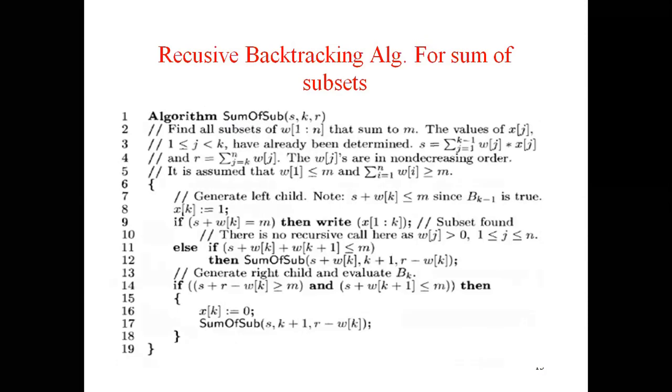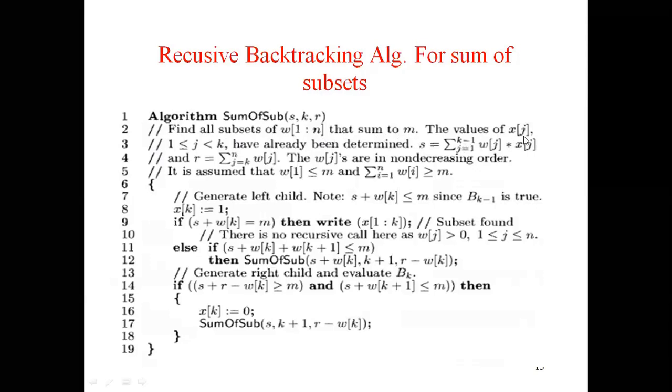The initial value of k is 1, and r is equal to the sum of weights, the total weights. So find all subsets of W[1:n], a vector array W, that sum to m.